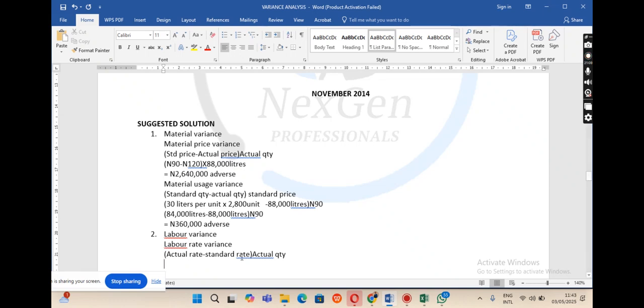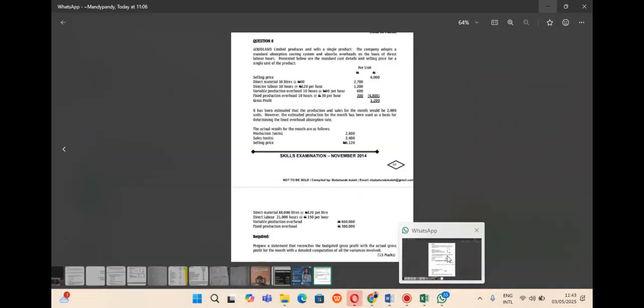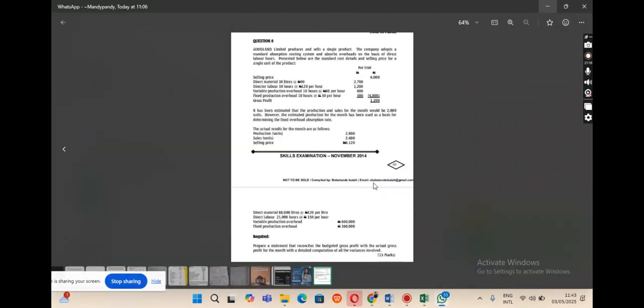So we check what is the actual rate. 150. I need to confirm the actual rates. Is it not supposed to be actual hour? Rate.